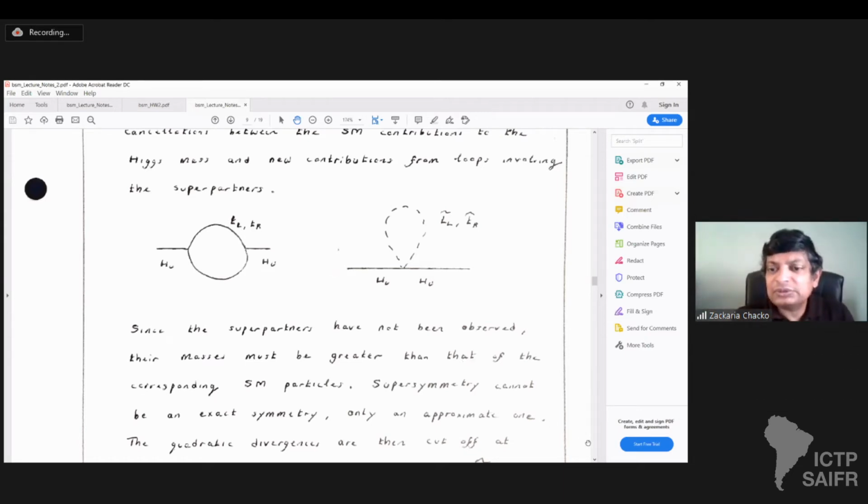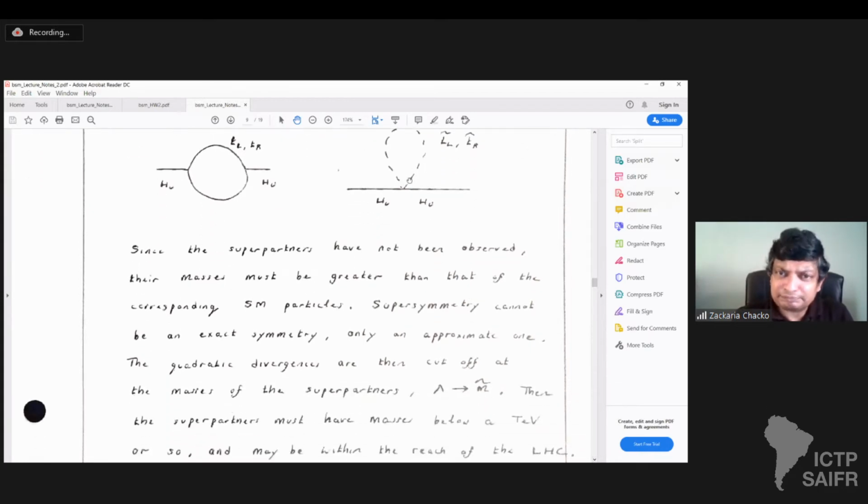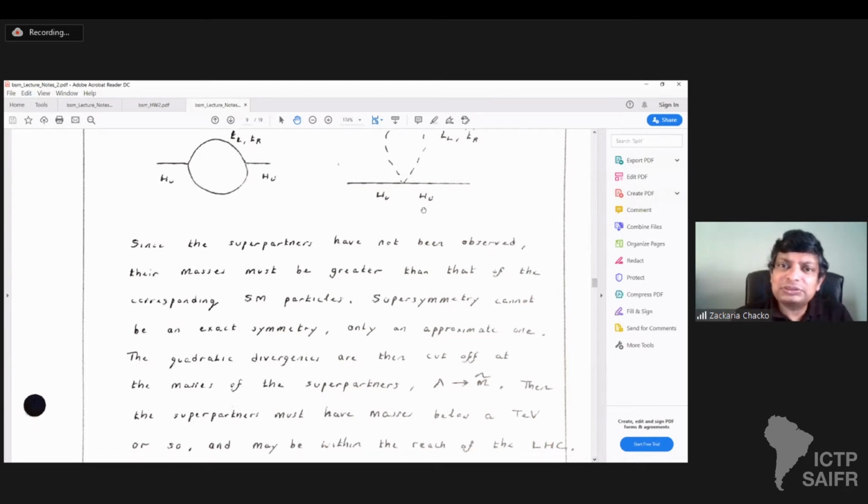But now it is not exact anymore. What happens is that this quadratic divergence is now cut off at the mass of the stop. Remember, I was regulating this using a hard cutoff. That hard cutoff is now the mass of this stop.